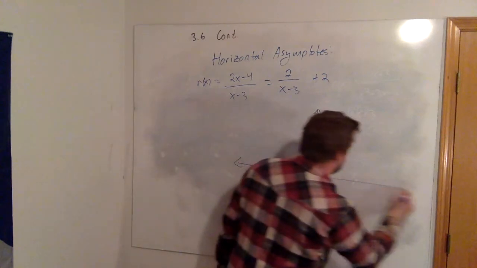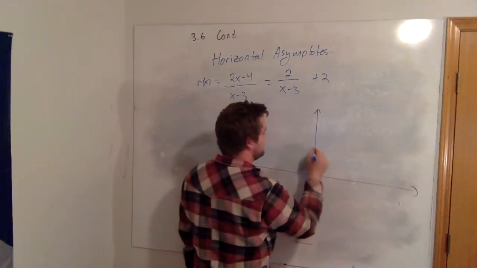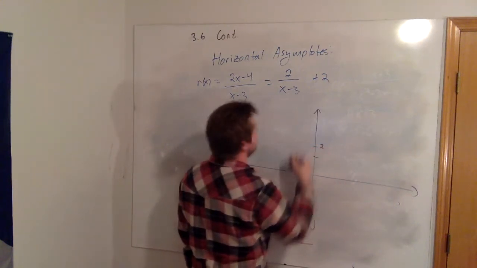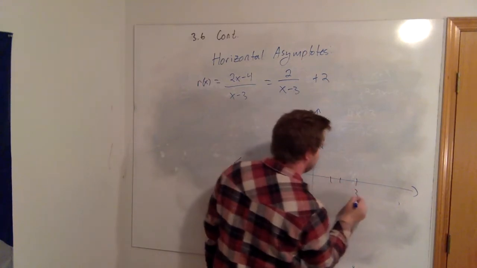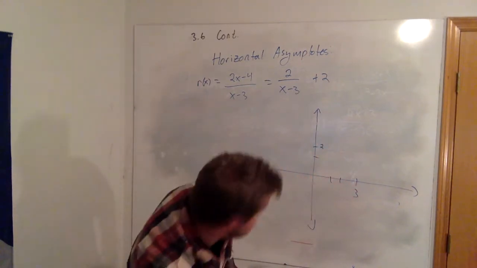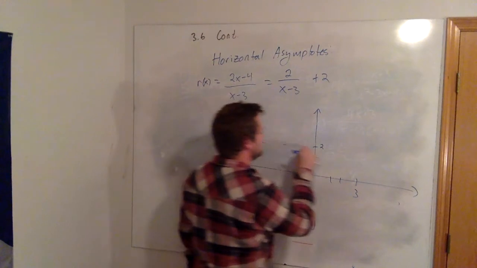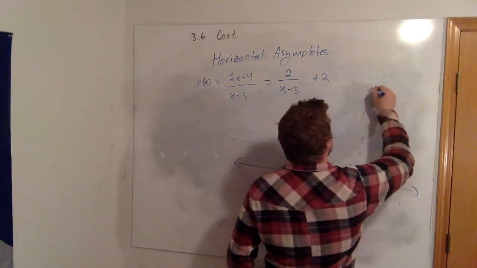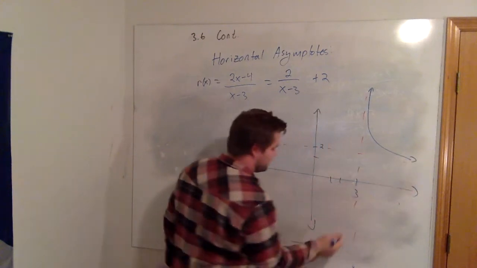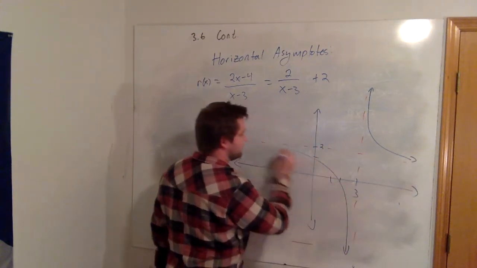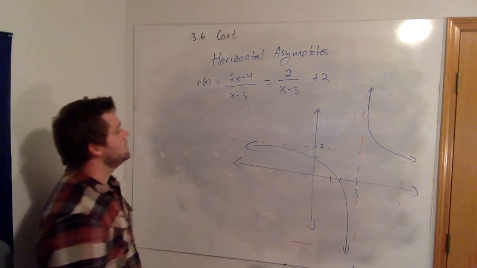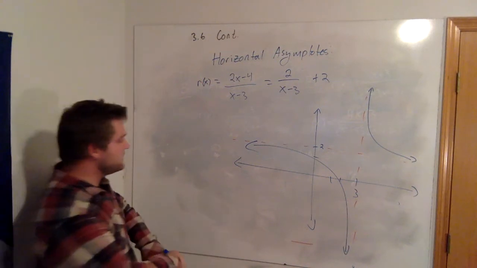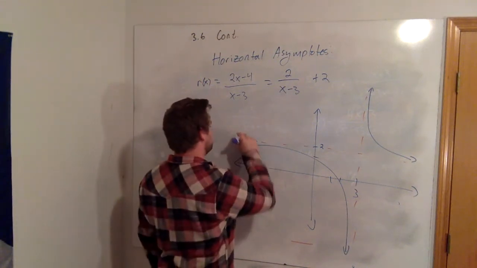So we did a quick sketch: up 2 units, to the right 3 units. So here was our graph, a rough sketch.